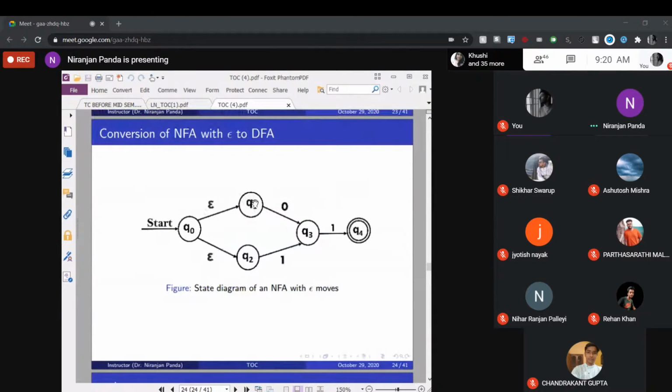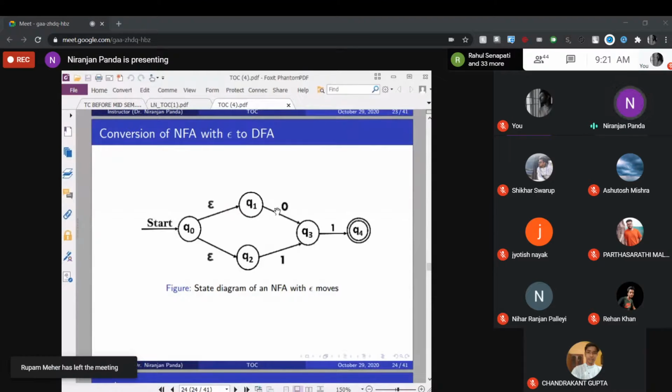Similarly, if I go for finding the epsilon closure of Q1, Nihar, what is the epsilon closure of Q1? Q1 itself. Anything more? No, sir. Very good. Q1 is the state itself and the states reachable from Q1 with epsilon.